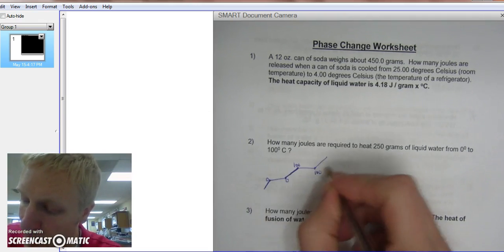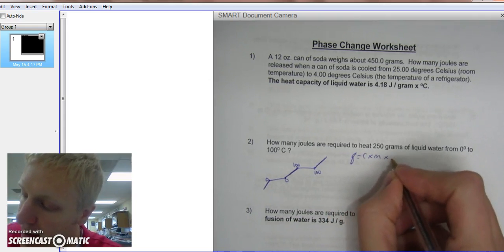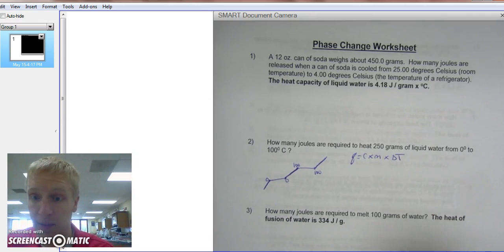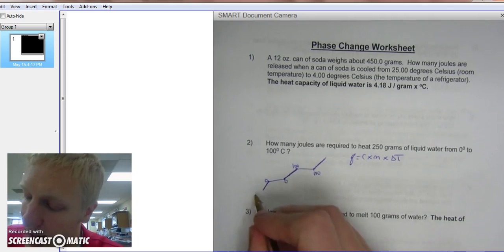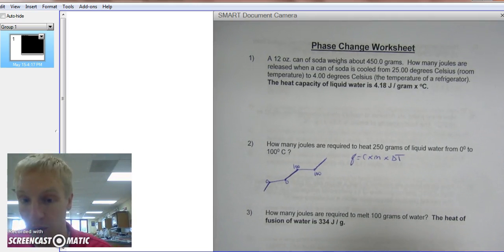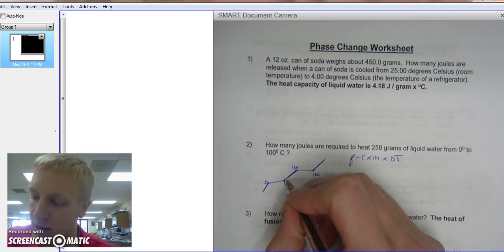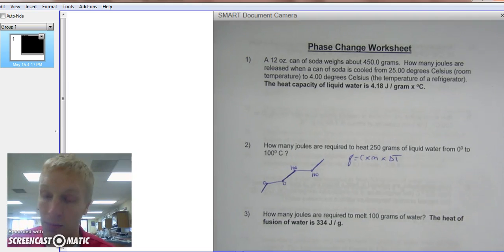The diagonal lines represent the Q equals C times M times delta T equation, the specific heat equation, and each one has a different specific heat. So you have a different specific heat for ice or solid water, you have a different specific heat for liquid and for gas. So basically every substance has 3 different specific heats depending upon the state of matter in which it is.